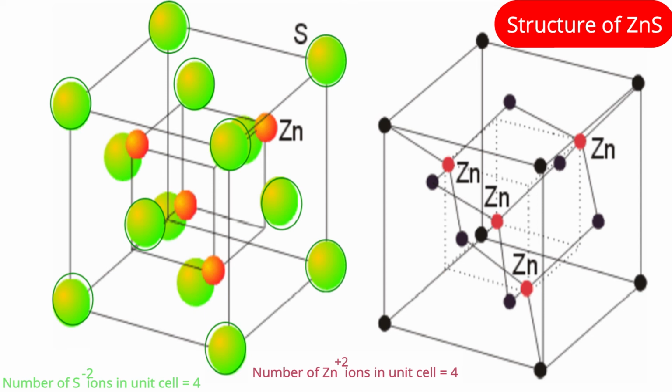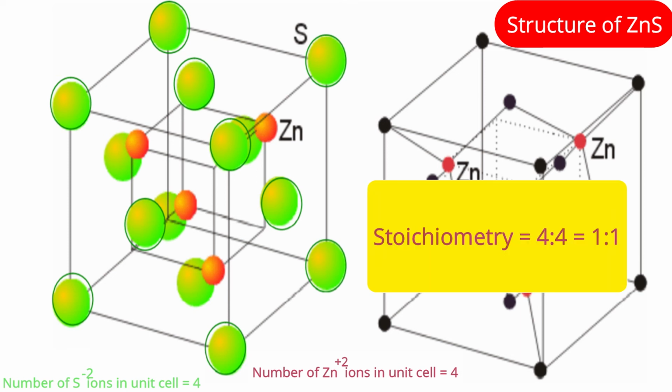So total number of complete sulfide ions in this unit cell is 4 and zinc ions also are 4. So stoichiometry 4 is to 4, means 1 is to 1. Hence the formula zinc sulfide, ZnS, 1 is to 1 ratio is there in the representation of the formula.